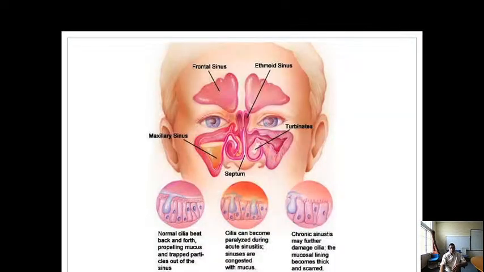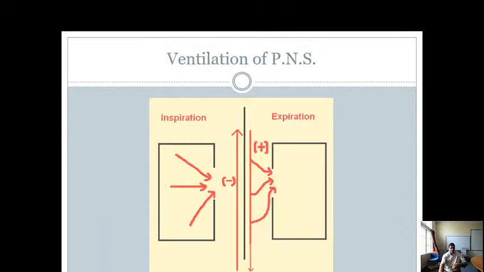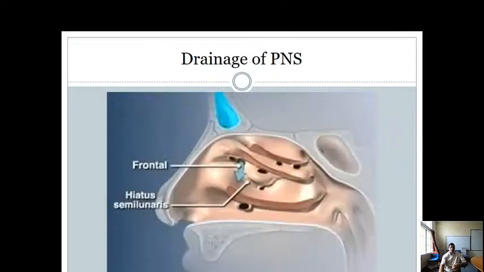Then we come to the nasal cavity. You have these sinuses, which are the cavities present in the skull bones, and the paranasal sinuses are divided into the anterior and the posterior groups.